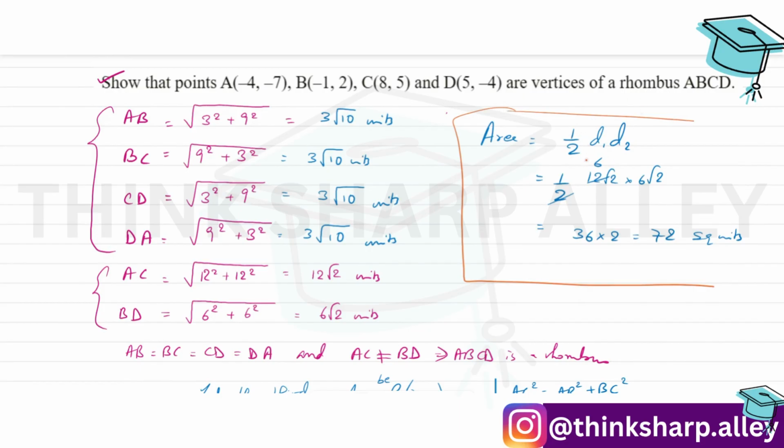Area of the rhombus is given by the formula half into the product of the diagonals. So these were the sides where I got all sides as 3 root 10 units. Now it's not mandatory to take things out over here. You can keep it as root over 90 units because 3 squared is 9 and 9 squared is 81. So that gives me root over 90 units. We could have kept it like that only.